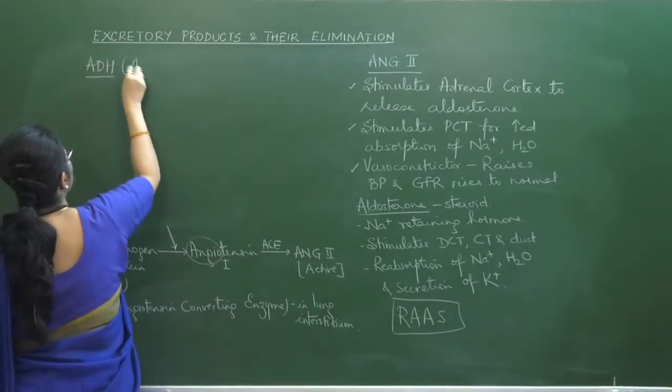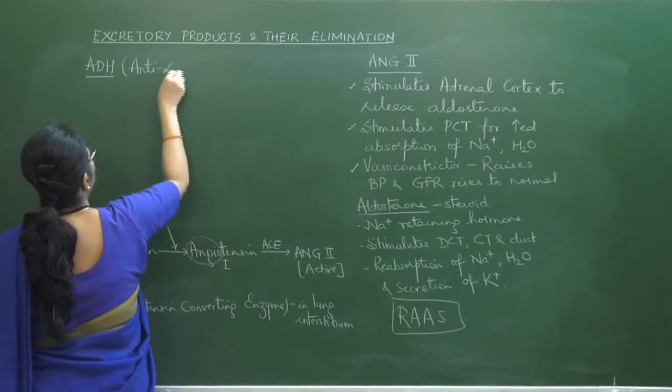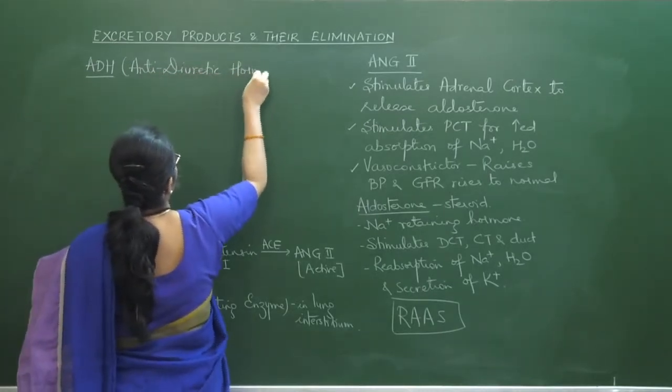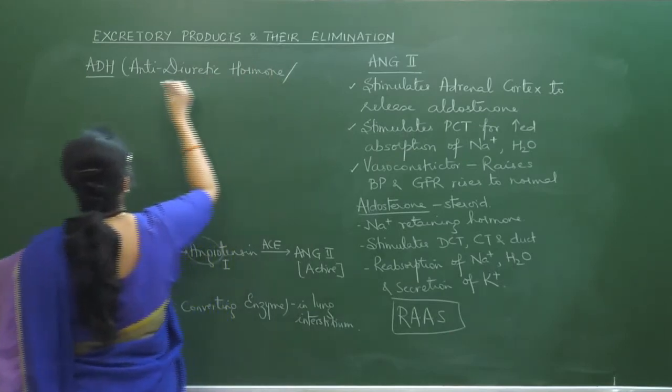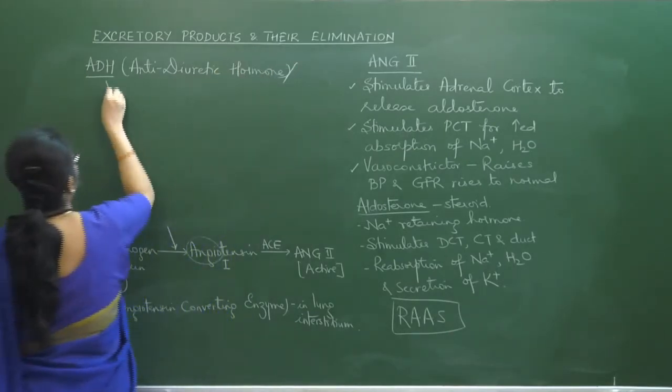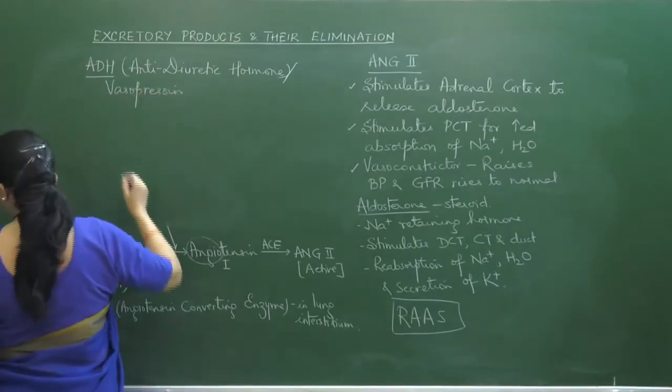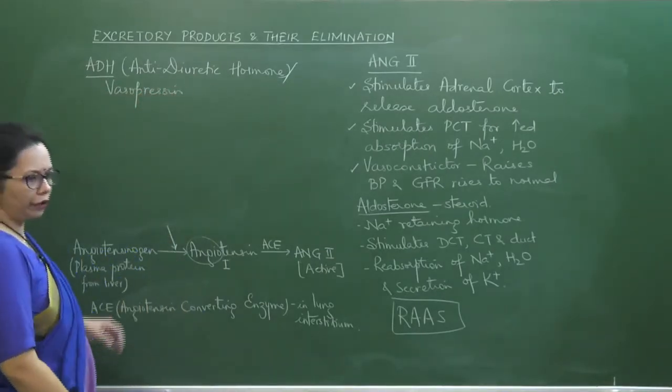ADH is antidiuretic hormone, or also called vasopressin. Antidiuretic hormone or vasopressin.